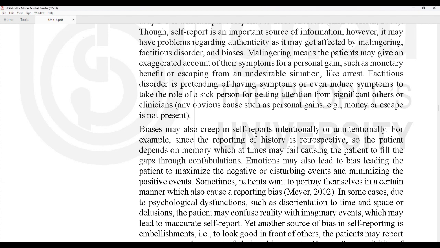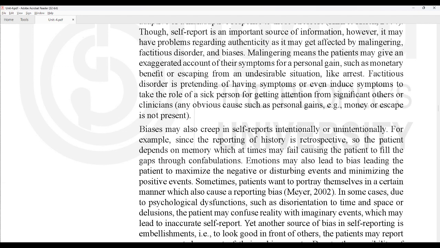Factitious disorder is pretending to have symptoms or even inducing symptoms to take the role of a sick person for getting attention from significant others or clinicians. Any obvious cause, such as personal gains, for example, money or escape, is not present.